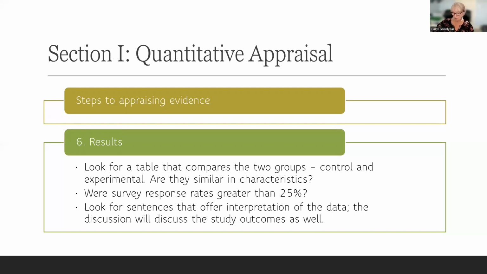You want to look for sentences in the results section that really summarize what the stats are all about, right? So they do this fairly well in the results section on page 4 in the second column.